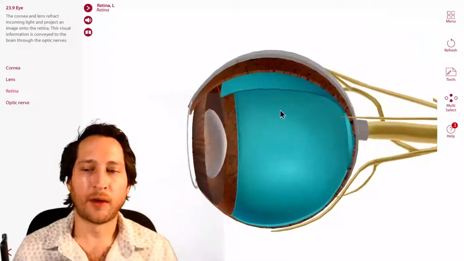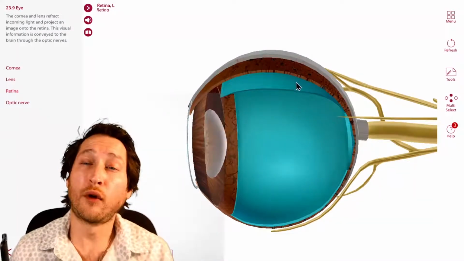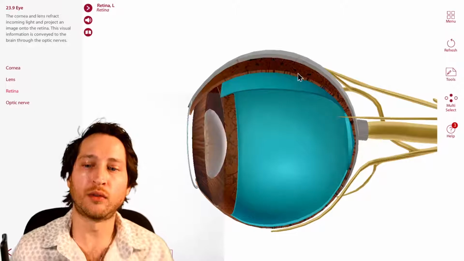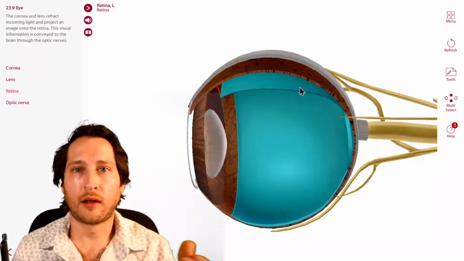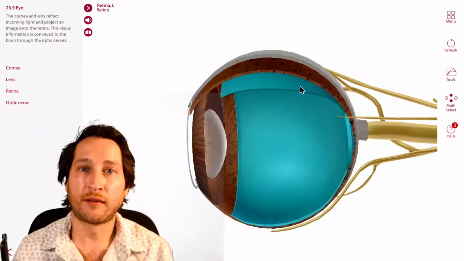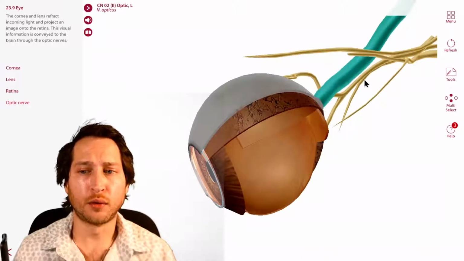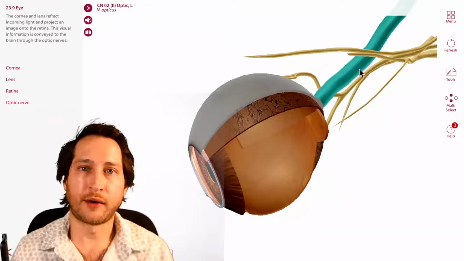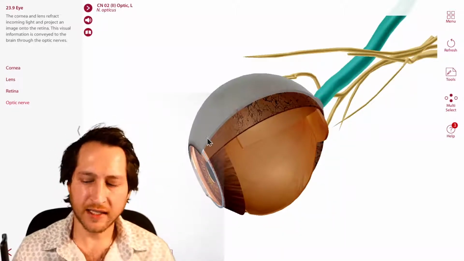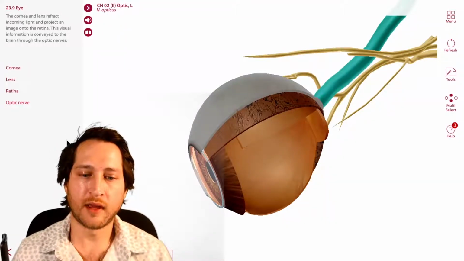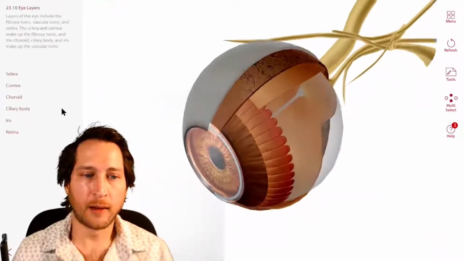And so the retina is going to line the inner membrane of the eye, and that contains the photoreceptor cells, the rods and cones, which are going to be essential for sensing the light and then transmitting that information via the optic nerve, or cranial nerve 2, to the visual processing areas of the brain, or the occipital lobe. So that gives you a little idea of some of the main components of the eye and hopefully some of those structures you were familiar with.